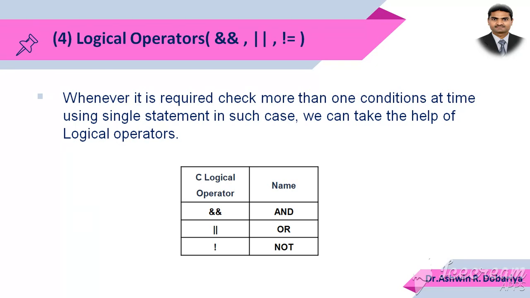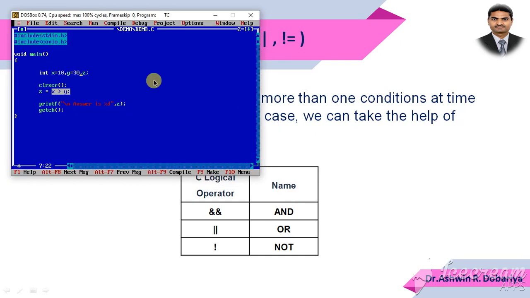Now suppose we want to use the same thing in an if condition, then we can write: if x greater than y, if this condition becomes true, then say that x is greater, else y is greater.